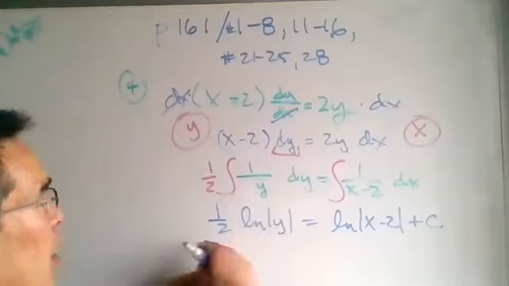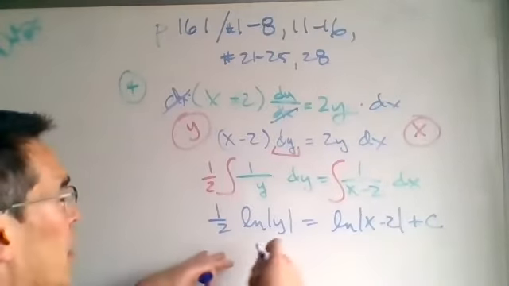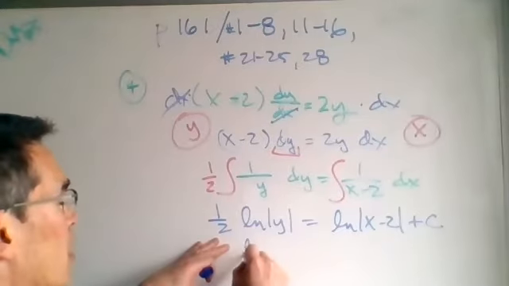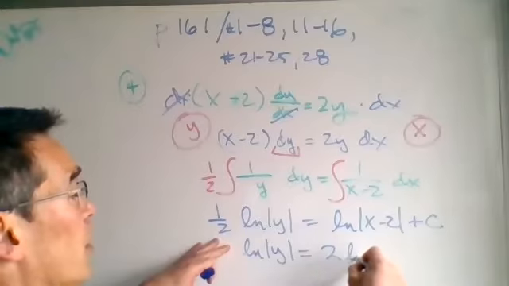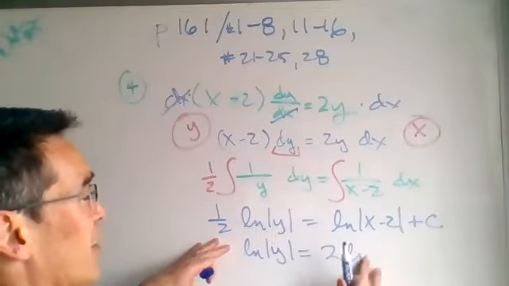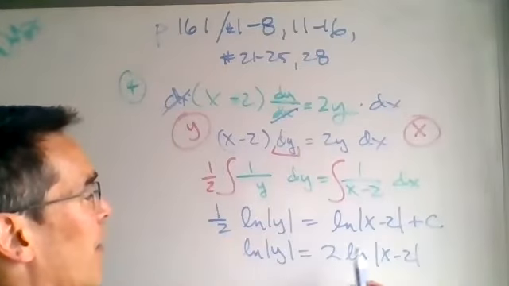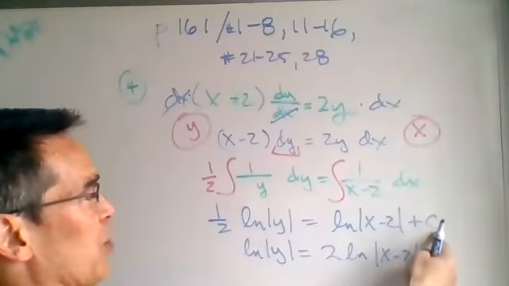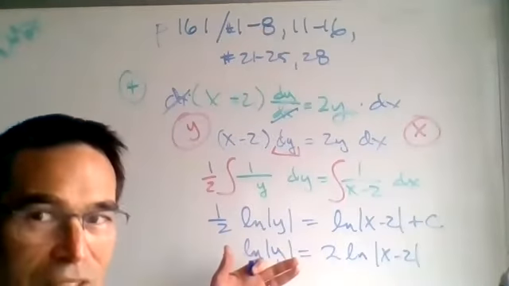So before I move things all together, I'm going to move the 1/2 over here, right? And so that would be natural log absolute value of y equals 2 natural log, sorry, of x minus 2. And then I would multiply this by 2 as well, but 2 times c is yet another constant.